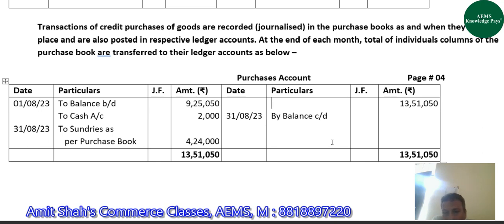All those transactions in case of subsidiary books are recorded in journal proper book. So I'm writing those here without any amount so that you could understand what can come on the credit side of purchase account.